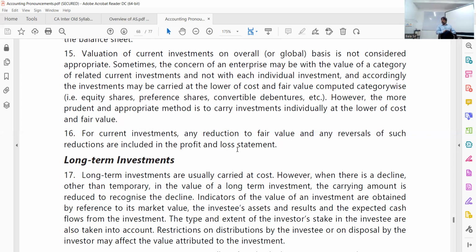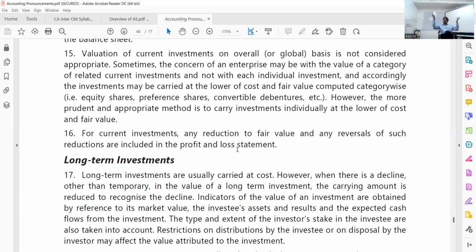How do you know that the decline is other than temporary? You will look at the investee's assets, results, and expected cash flows from the investment.